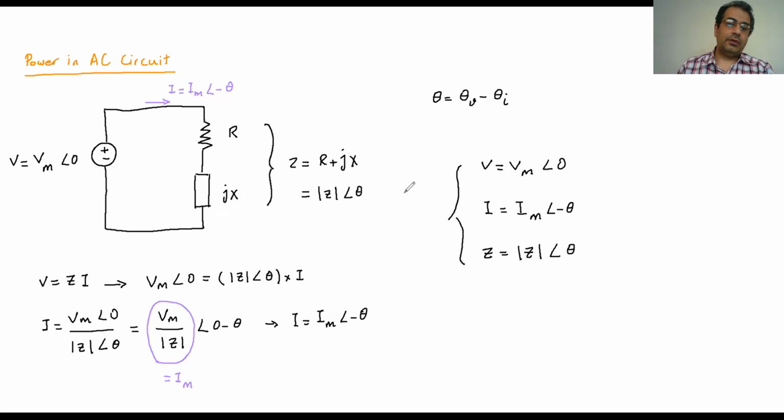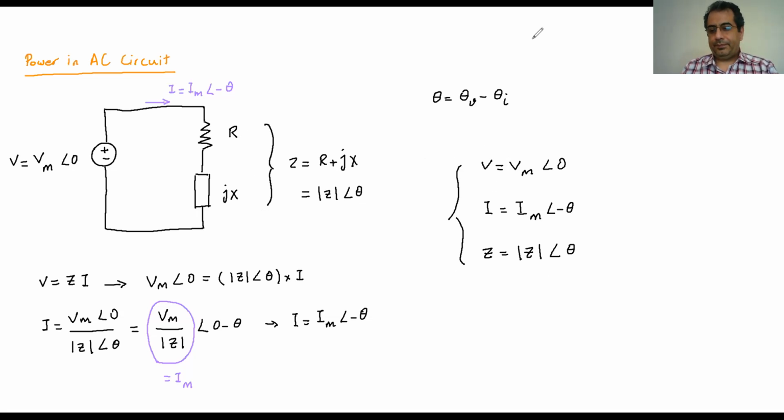What if we have only an inductor in the system? So there is no R, there is no capacitance. So R is 0, the capacitance is 0. What if we only have the capacitance? So there is no R, the R is 0, and the inductance is also 0. And then we calculate the power based on these three values for each of them.